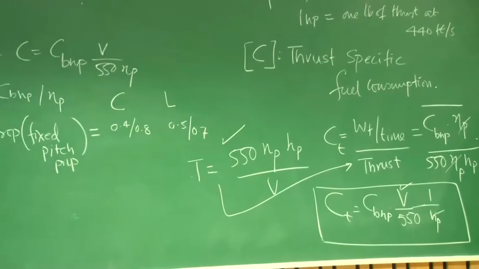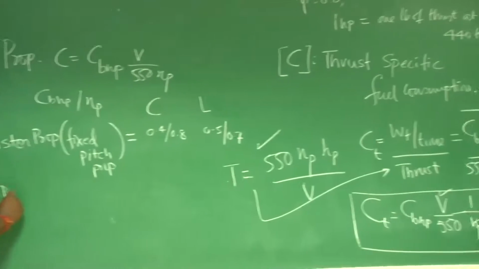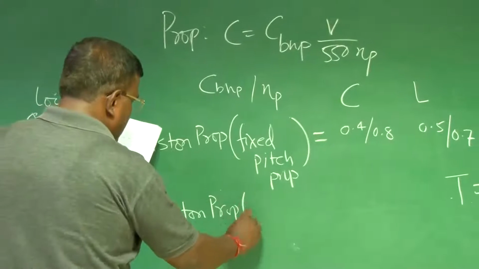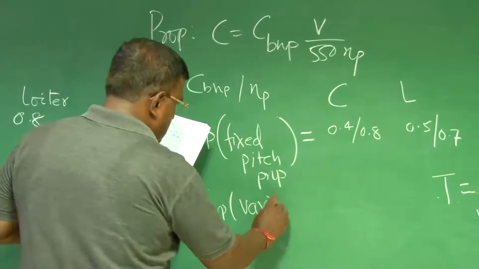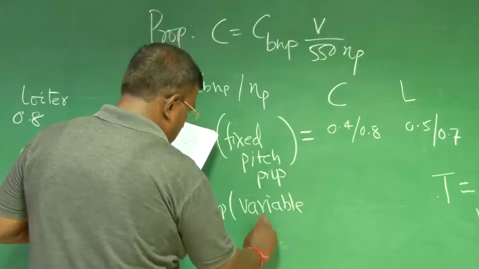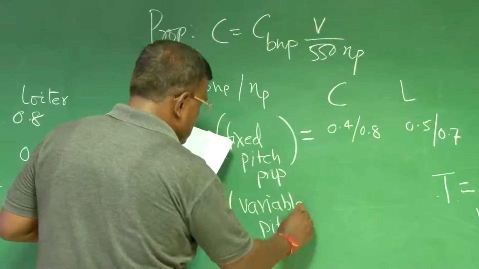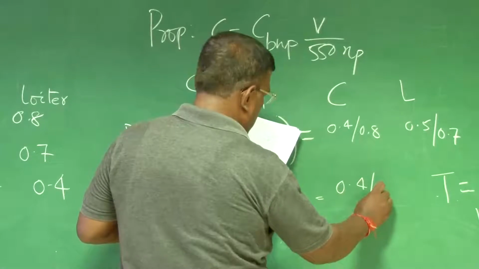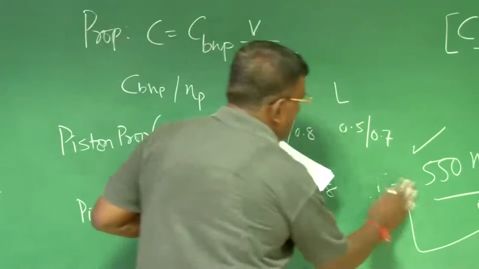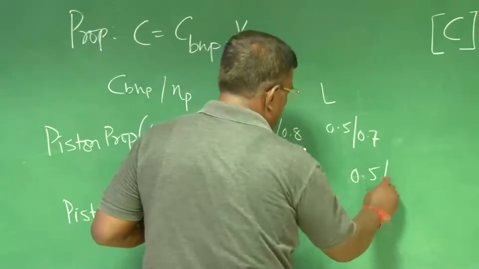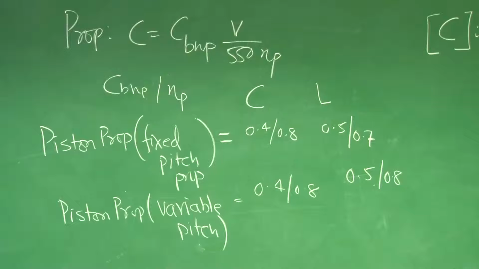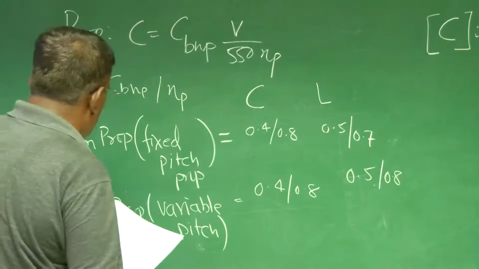Similarly, for piston prop but variable pitch, this value will be 0.4 by 0.8 and 0.5 by 0.8. That is, the value of CBHP will be 0.5 and NP is 0.8.